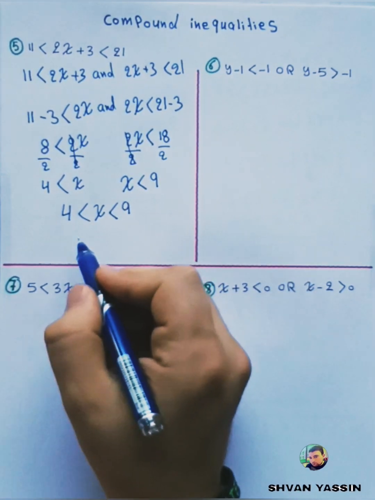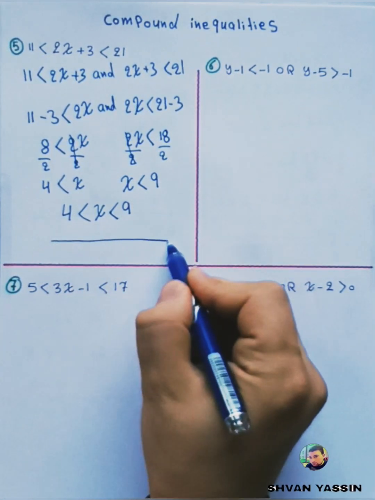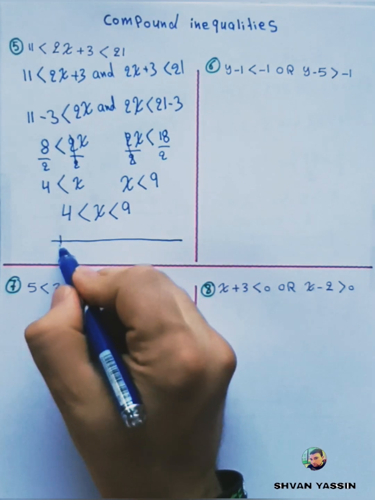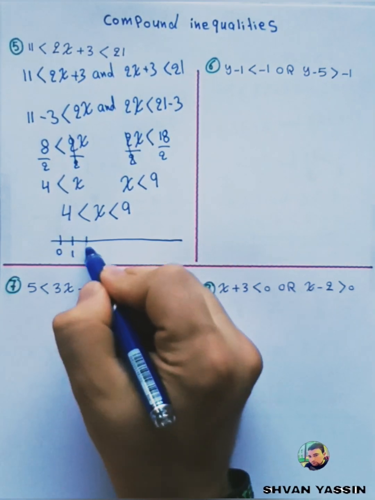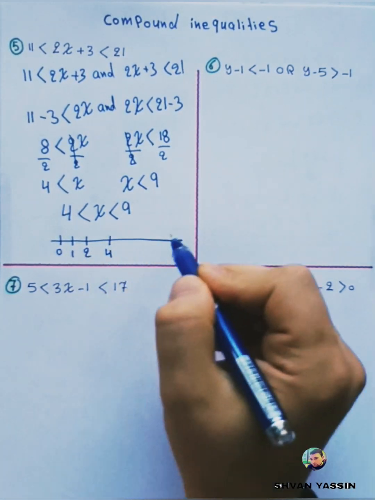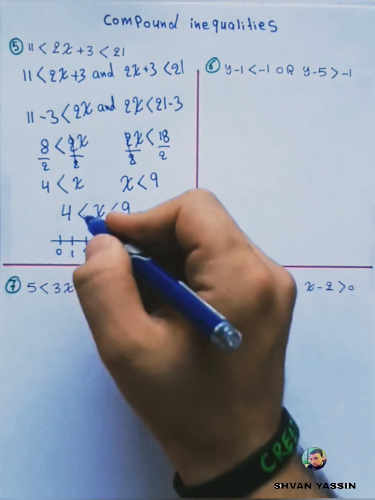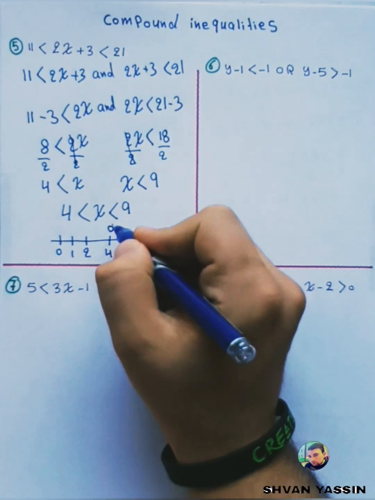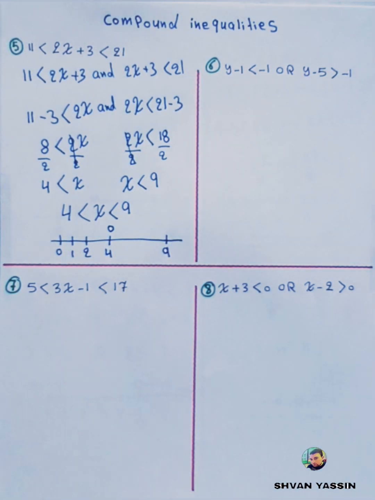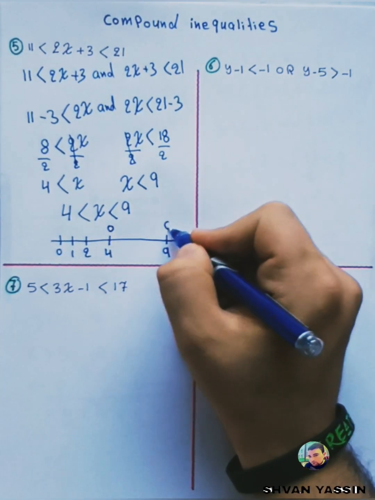When we graph on the number line, this is 0, 1, 2, this is 4, and this is positive 9. x is greater than 4, so you have to draw a small open circle, and x is less than 9.